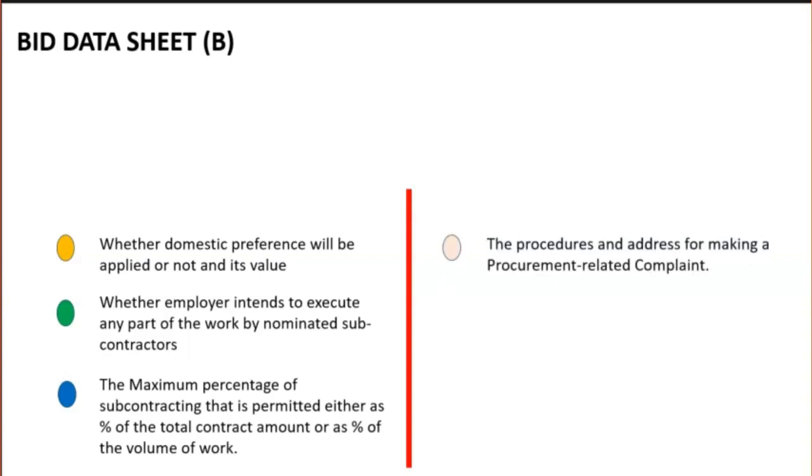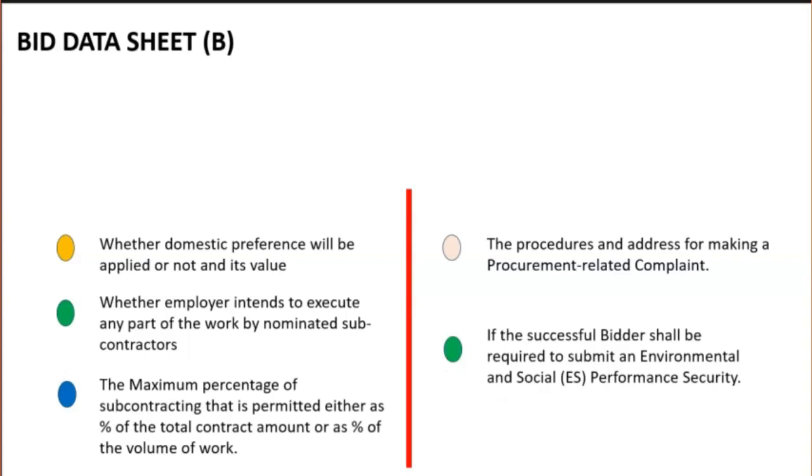You will also get information relating to the procedures and address for making a procurement-related complaint. You will get information relating to if the successful bidder shall be required to submit an environmental and social performance security. All these are information you will find in bid data sheet.